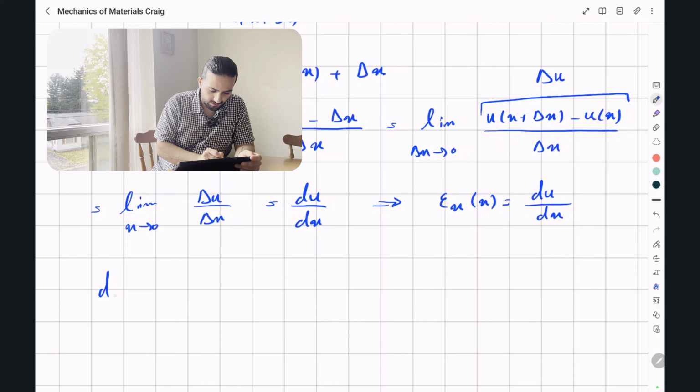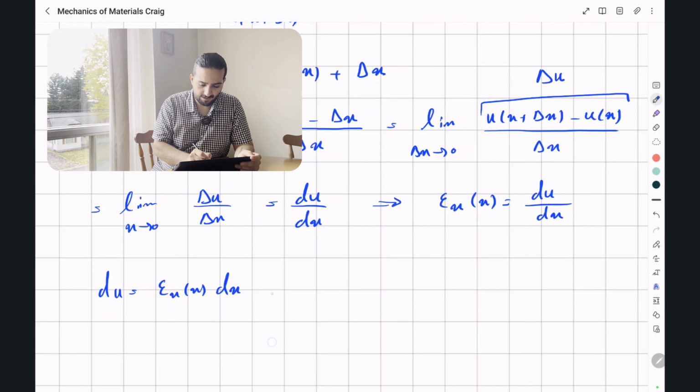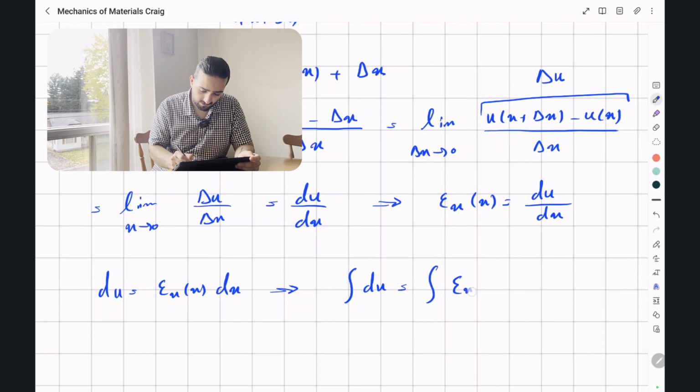So we can write du is epsilon x dx, and if we take an integral from both sides of this equation, we can write integral of du is equal to the integral of epsilon x dx.